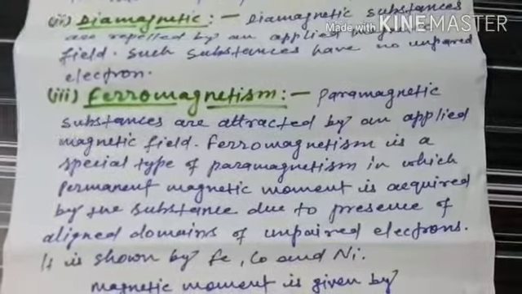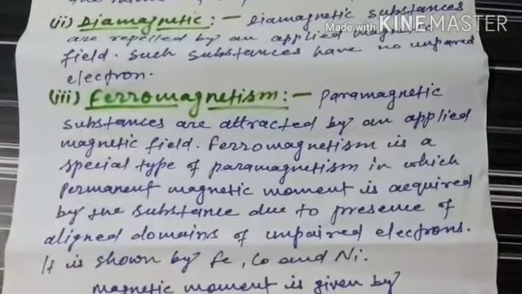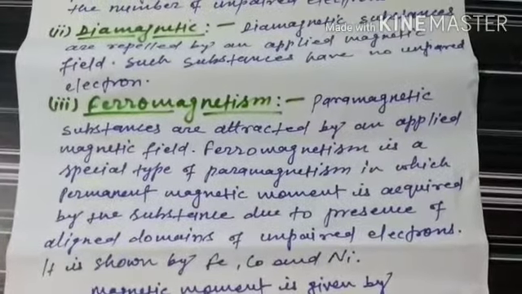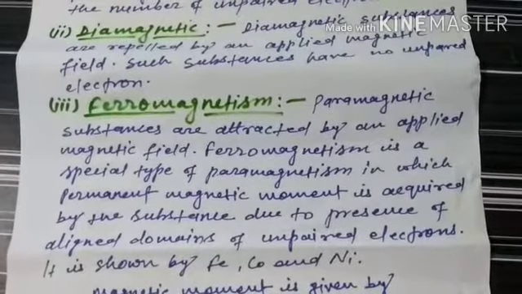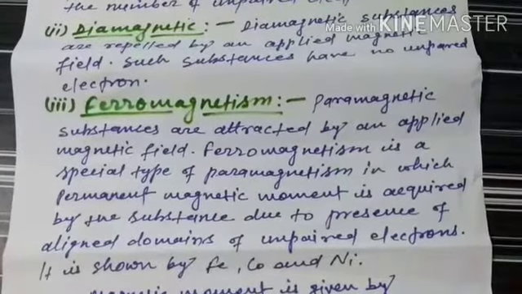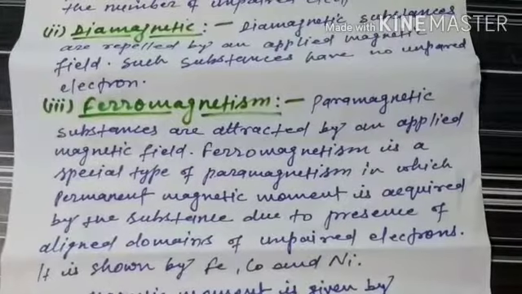Now, ferromagnetism. Paramagnetic substances are attracted by an applied magnetic field.